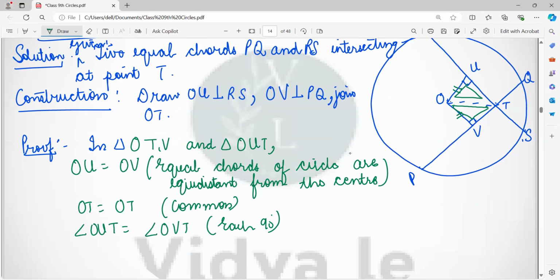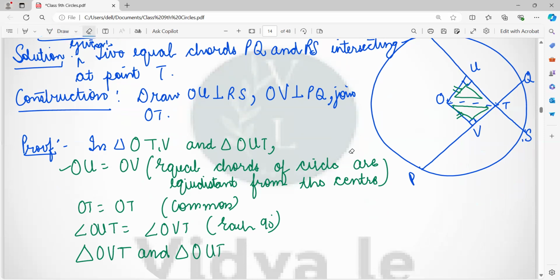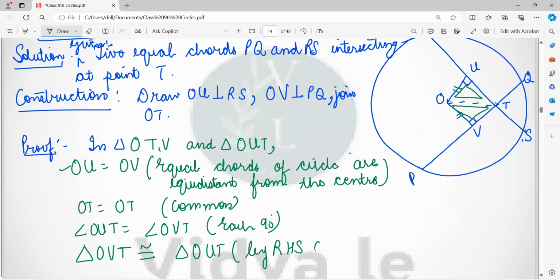Now, we have proved that two sides and one angle are equal and that angle is a right angle. So the two triangles OVT and OUT are congruent by the RHS congruence, because here we have proved the right angle equal and the two other sides of the triangles equal, right?